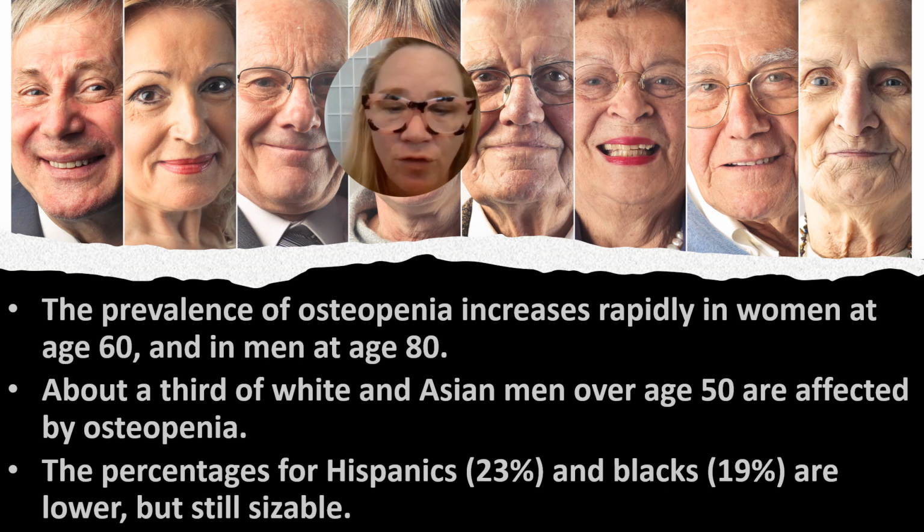And the percentage for Hispanics is 23% of Hispanic men over the age of 50 are at risk for osteopenia, and with blacks, 19% of men are at risk over the age of 50. However, that's still sizable populations that are at risk for low bone mass.